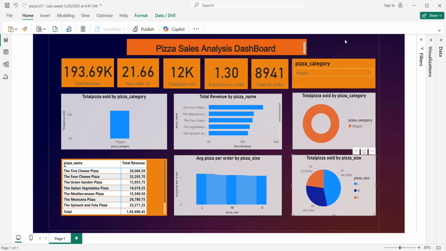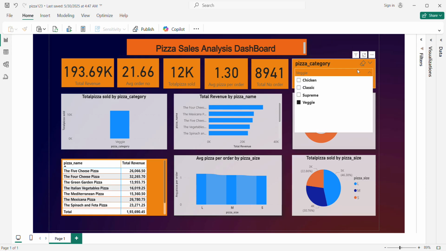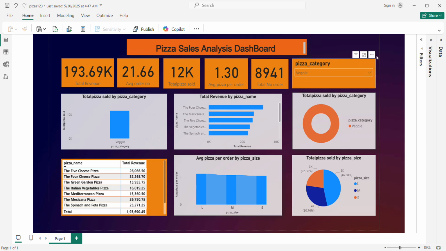So this is all about the comparison of the four categories of pizzas. The filter is used to compare the values of the pizza. It is the overall information of these different categories of pizzas in the dashboard. It uses Power BI to visualize and analyze sales in that form.